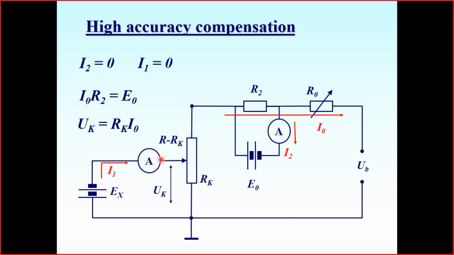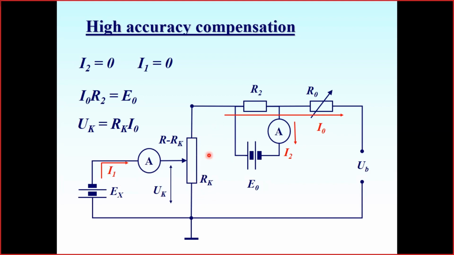Next, we balance this circuit until we get the current I1 equal to 0. Before this circuit was balanced, the current that flows through the resistor R2 was split into 2 currents, the current A1 and the residual current that continues to flow through RK. So when we zero the current I1, this total current may change a little bit.